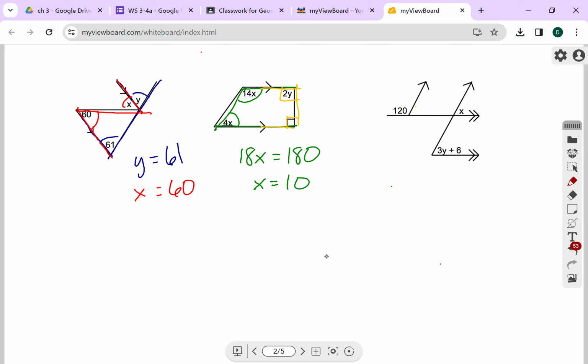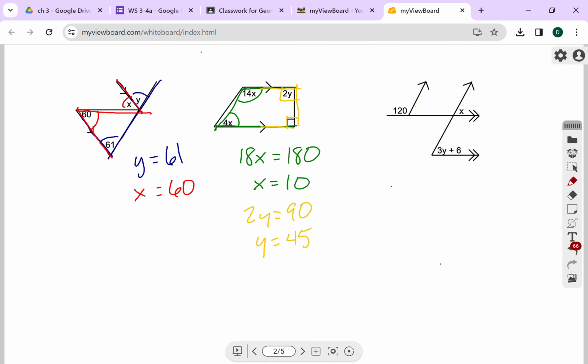So 2y automatically equals 90, and y would actually have to be 45 in that case. So again, you can think of it as same side interior supplementary, or you can just know that that transversal has to be perpendicular to both parallel lines. So 2y would be 90 either way. Doesn't really matter how you think about it.